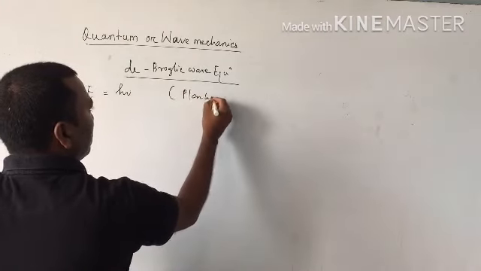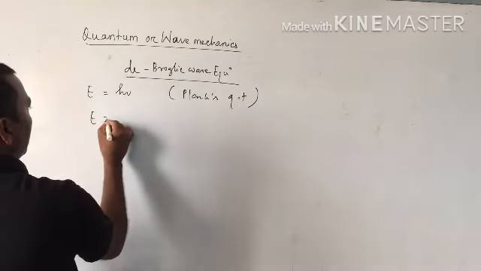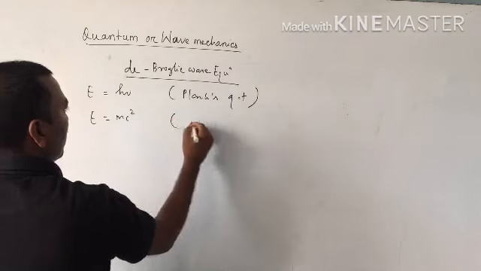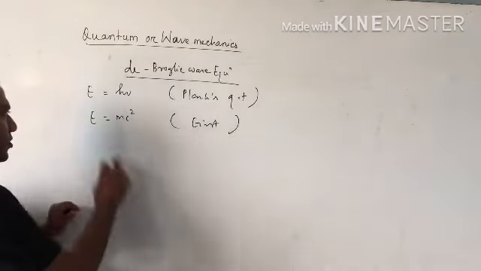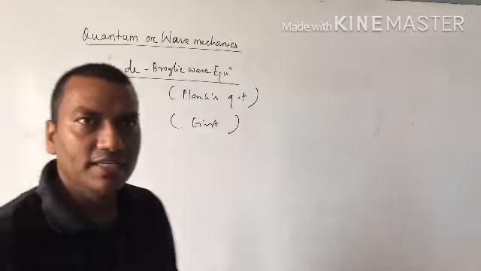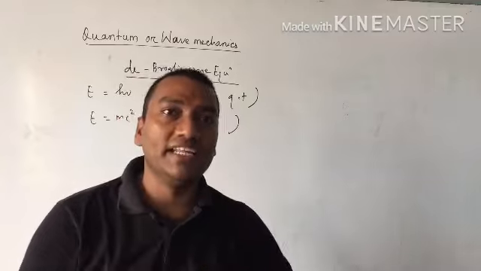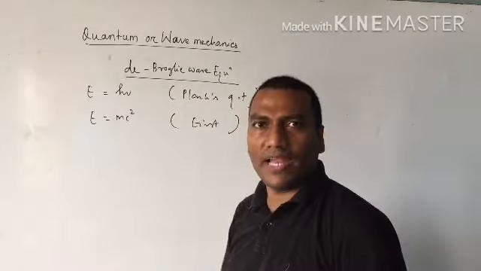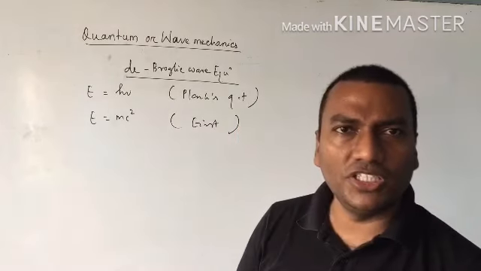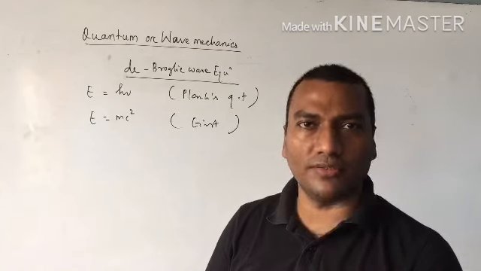Similarly, E equals mc square, this is according to Einstein. This equation E equals mc square is true when matter has a particle nature. Similarly, E equals h nu, that is Planck's quantum theory, is true when the matter has a wave character or wave nature.